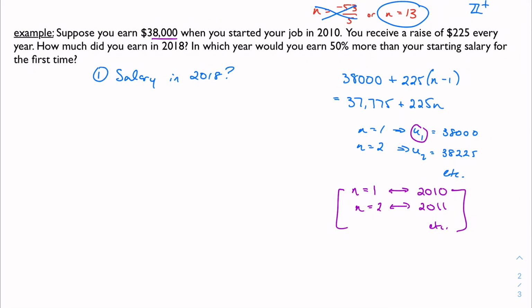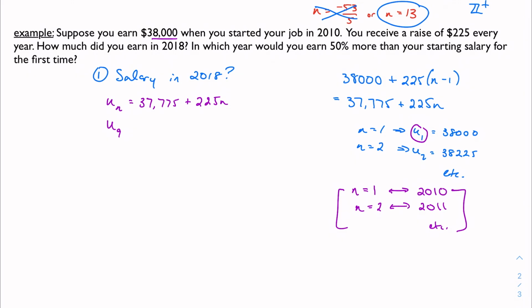But now that I've got a general term, I can do whatever I want with it. That should be 225. Oh, yeah, it is. Okay. So 2018 is going to be U sub 9. Right, 2010 is 1, so 11, 12, 13, 14, 15, 16, 17, 18.